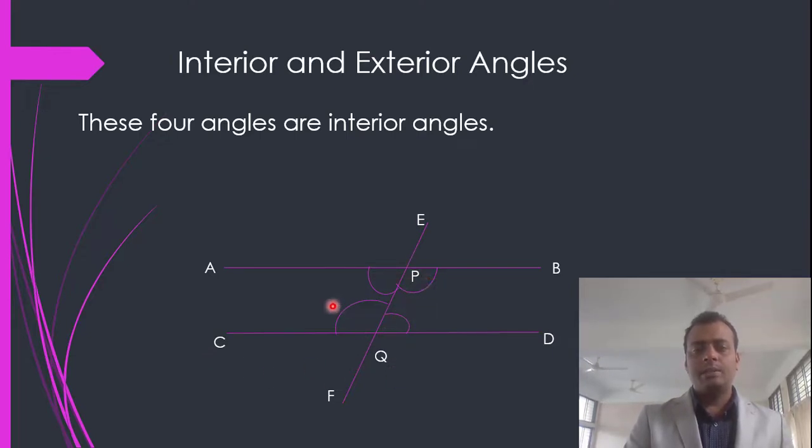These four angles are lying between these straight lines, inside the chamber ABDC. If we build a rectangle ABDC, then these four angles will lie inside the rectangle. Therefore, these four angles are called interior angles.